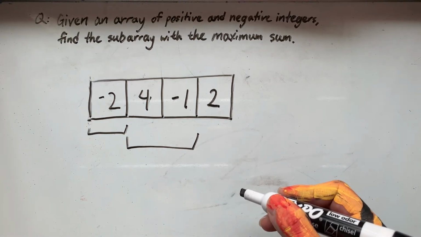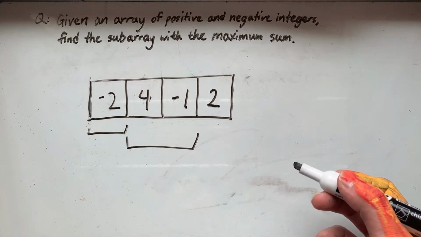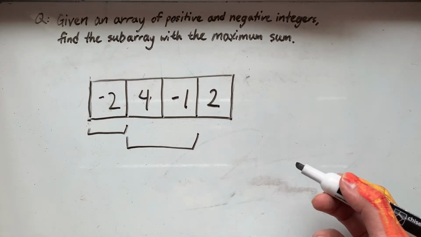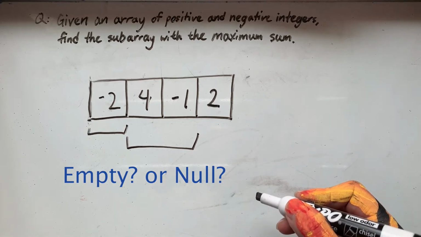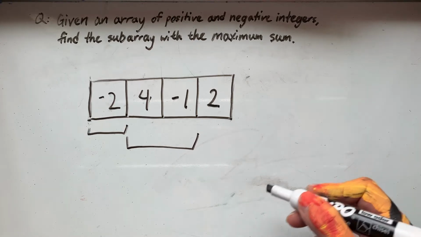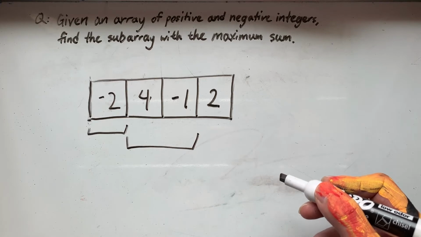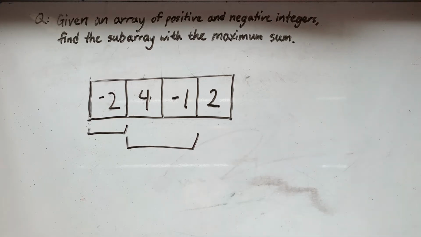And you want to ask what happens when the array provided is empty or is null. And in this case, we'll just return null. And we assume that the array is not empty.